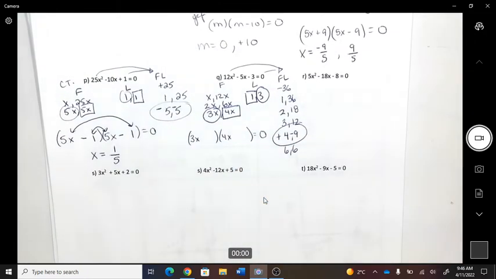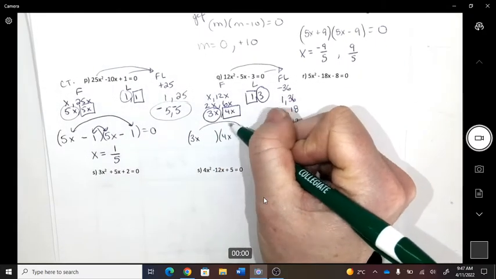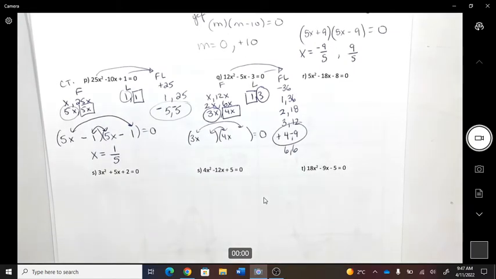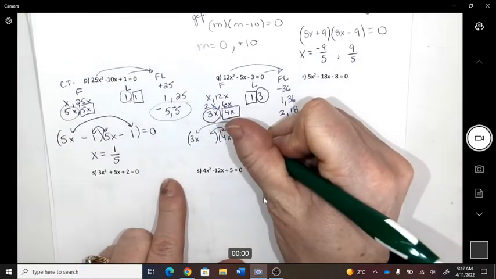Okay, so I'm going to throw the 3x, 4x into my brackets already. And then I'm going to draw my arrows on the FOIL system, outsides, insides. My partners were 3 with 3.